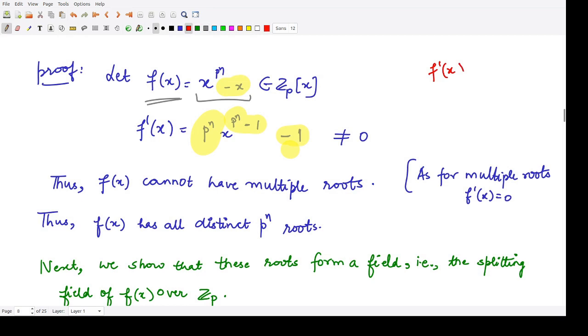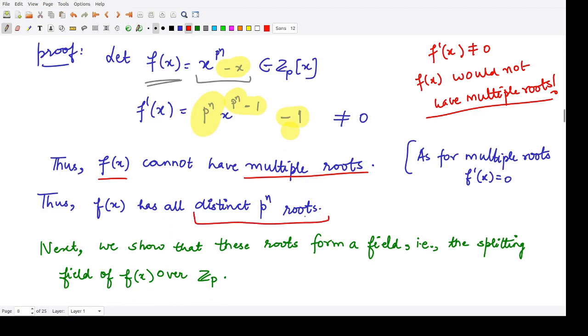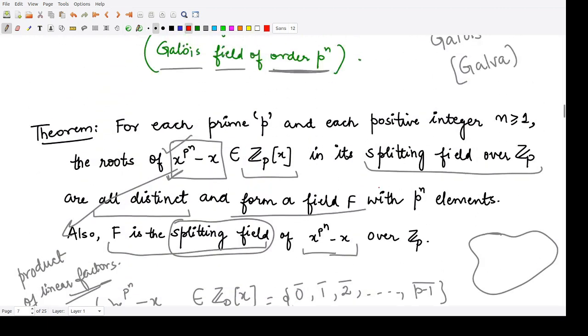Because f dash x is not equal to 0, f of x would not have multiple roots, according to the theorem that we have studied. Therefore all the roots of this polynomial would be distinct.